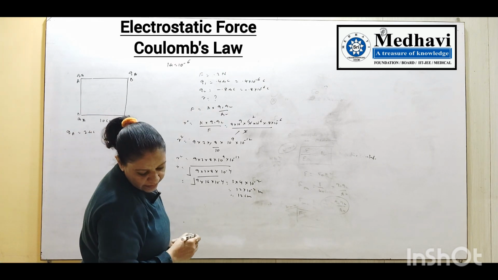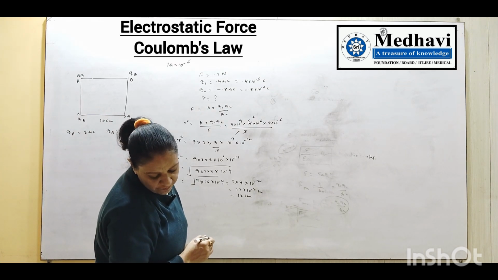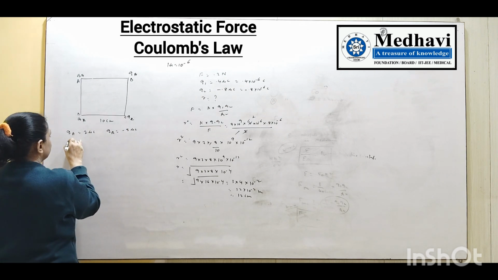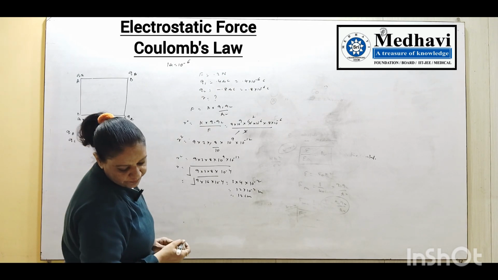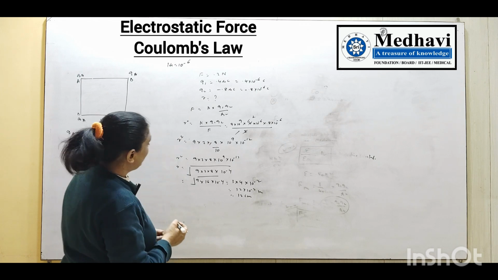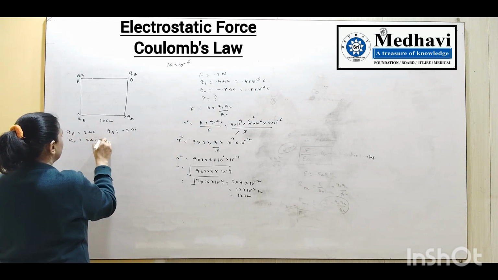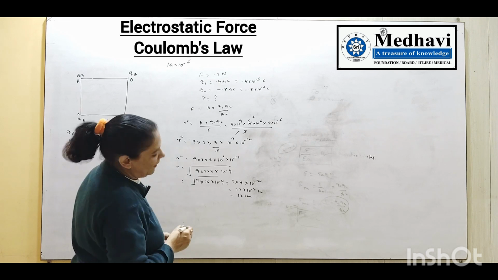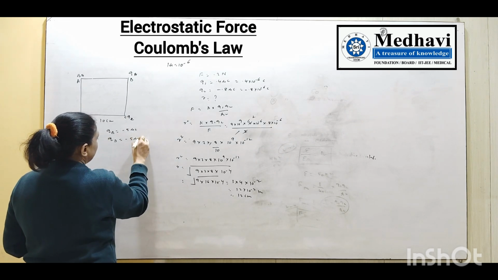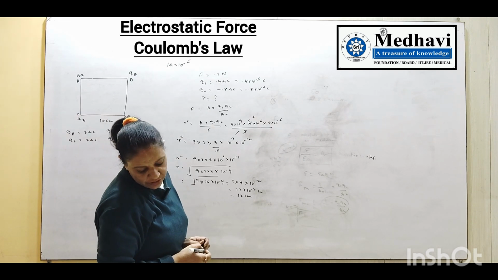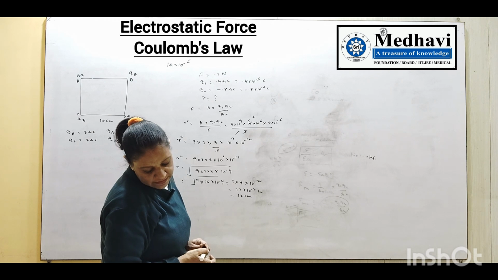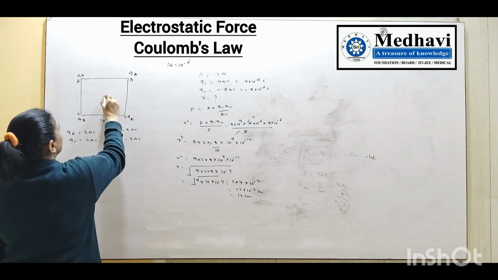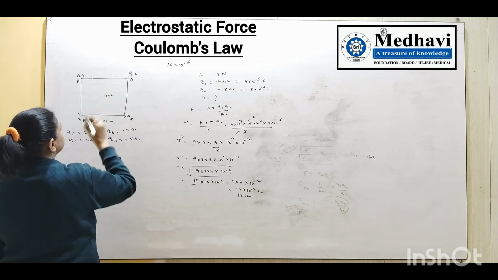QB is minus 5 microcoulomb. QC is 2 microcoulomb, and QD is minus 5 microcoulomb. You need to find the force at the center of the square on 1 microcoulomb.